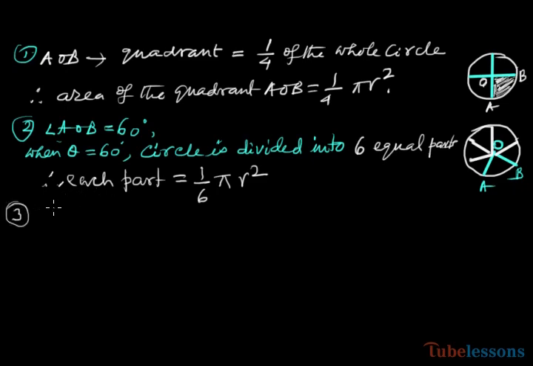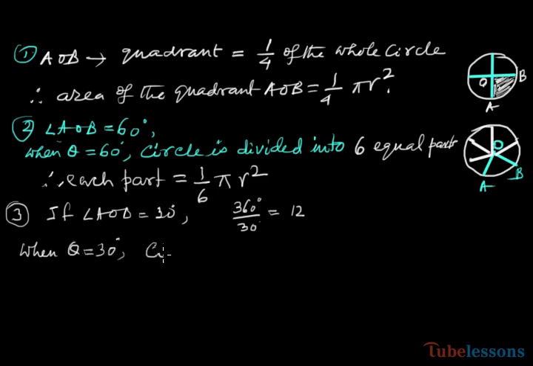Now if angle AOB is 30 degree, the whole 360 degree when divided by 30, you get 12. So when theta is equals to 30 degree, the circle is divided into 12 equal parts.